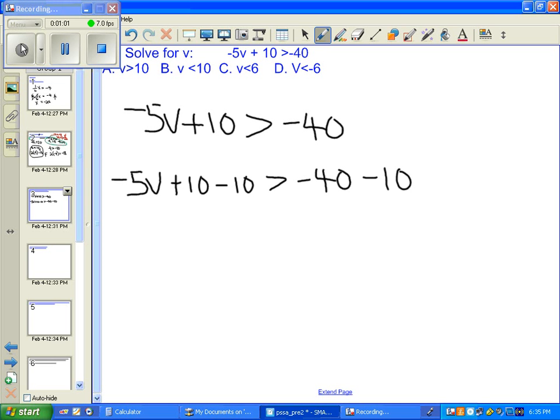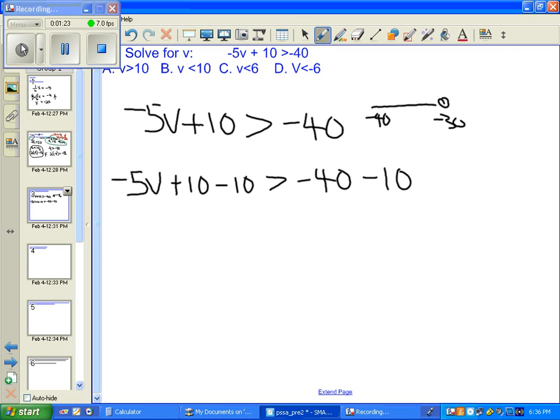I want to suggest again that we use our number line so we don't get confused. It's very easy to get confused with negative numbers. If we write it out in a number line, it's pretty easy. Let's call this negative 30. Call this negative 40.